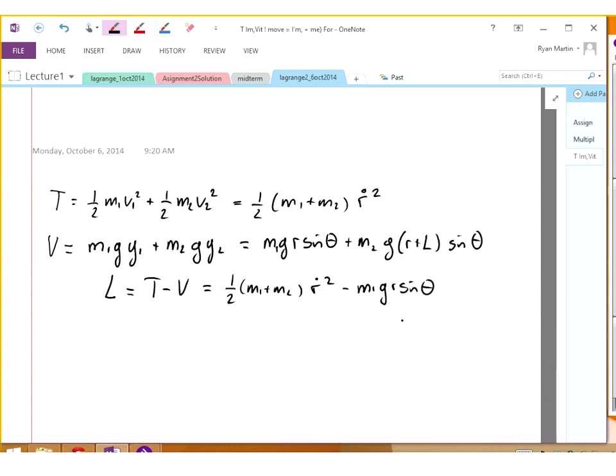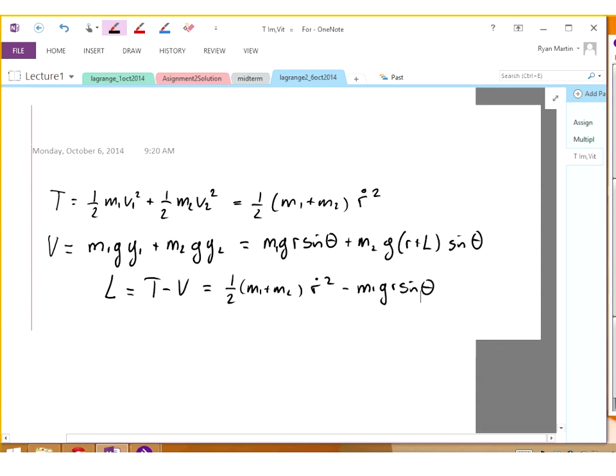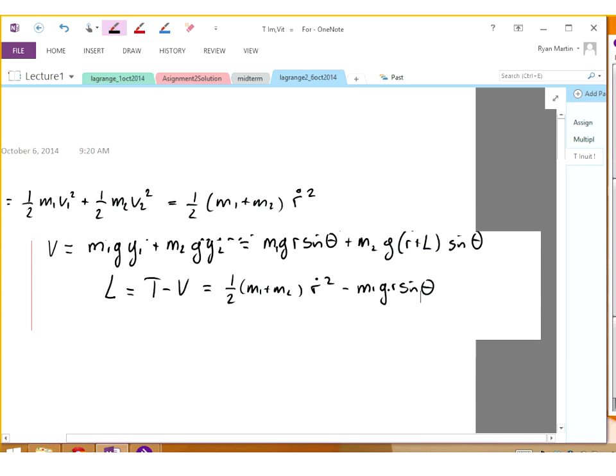The note has a mistake. The second term is also minus M2 times G, R plus L, sine theta.